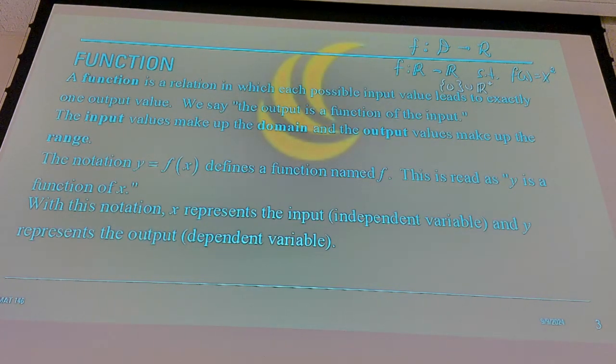All non-negative reals. That's how you would represent the range of x squared. Again, it's kind of a pain to write, so we just write the reals as the codomain.